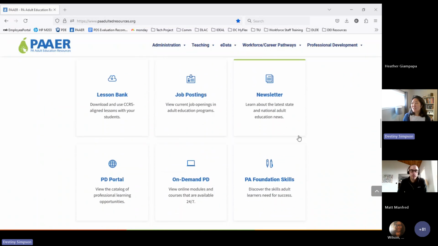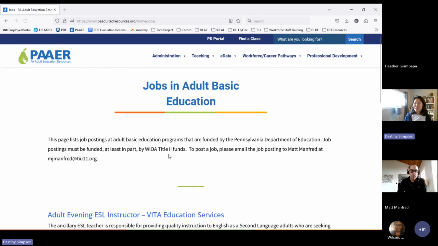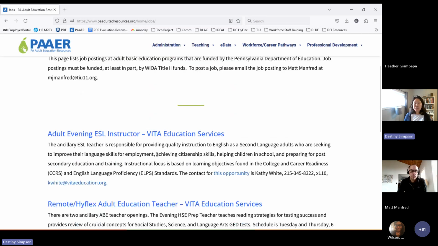In addition to that, there's a couple of other resources that you may not have realized are available. A lot of these pages are accessible from our top navigation, but there are two that I wanted to point out. One is job postings. If you have a job posting that you want to help advertise, we can post it not only on the PAAER website, but also in the monthly newsletter that Matt writes.